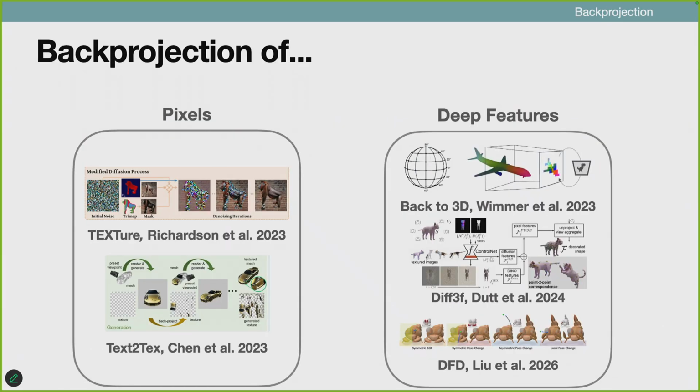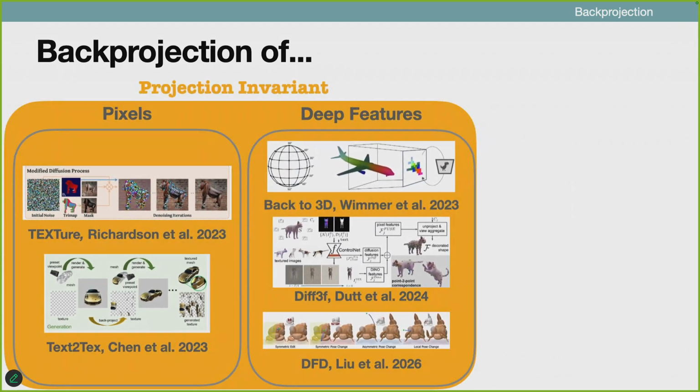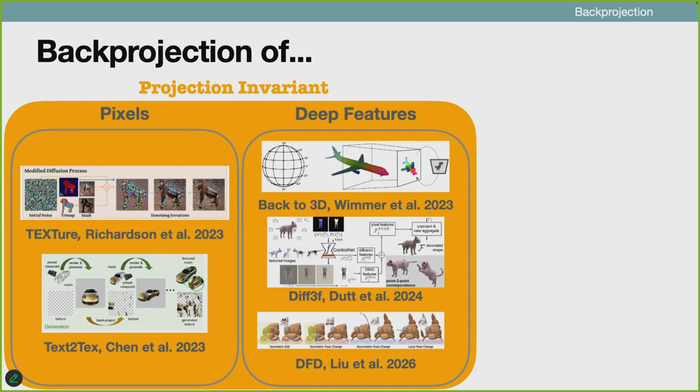Okay, so we've talked about these two different quantities that have been addressed in the back projection literature. The key thing that combines both of these themes is that these are quantities that are invariant to the projection itself.